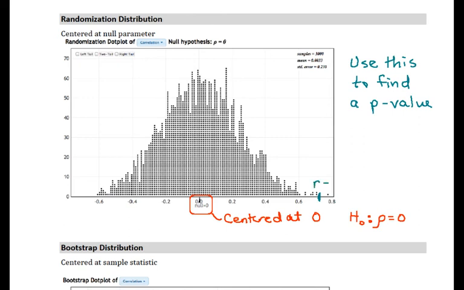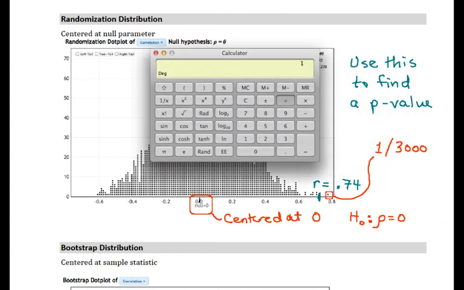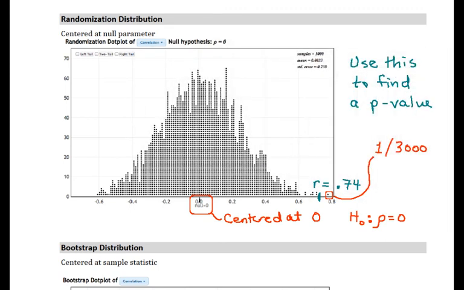That's our sample statistic R. My p-value is going to come from counting the dots that are more extreme than that value. This is a very small p-value, right? One dot out of 3,000 dots total. So that p-value, let's see, bring in our calculator, 1 divided by 3,000 is about 0.0003 repeating.